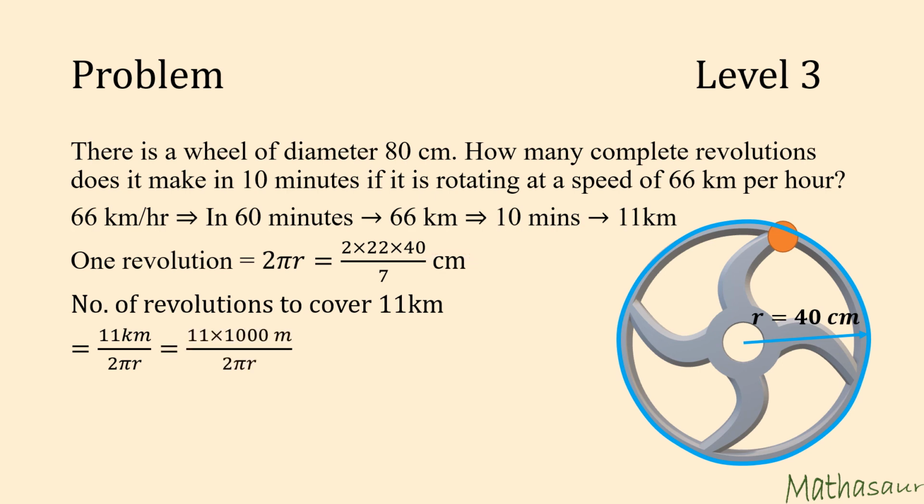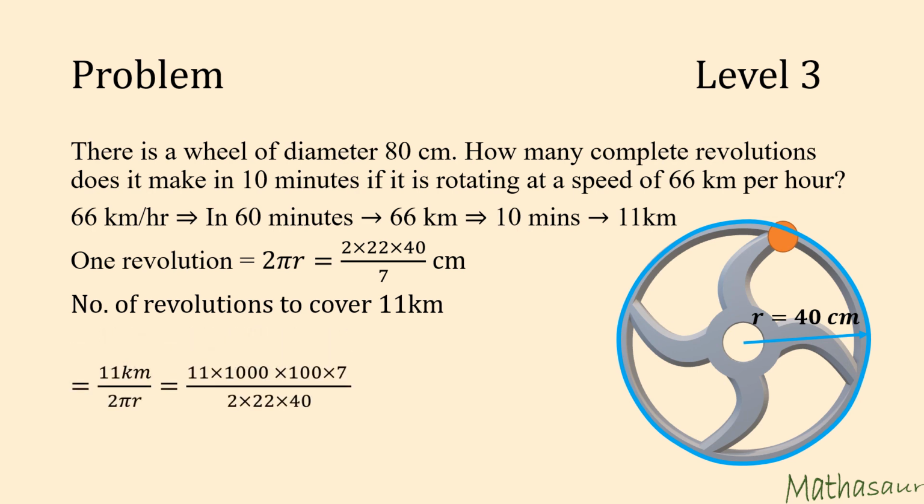So first of all, let us convert the numerator into centimeters and substitute the value of 2 pi r. Let us simplify. We find that it would do 4,375 revolutions.